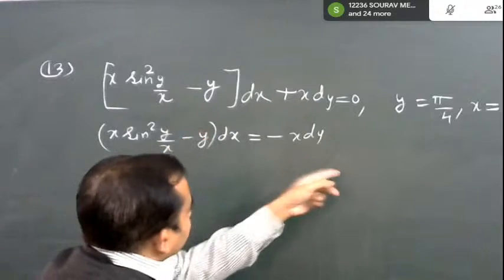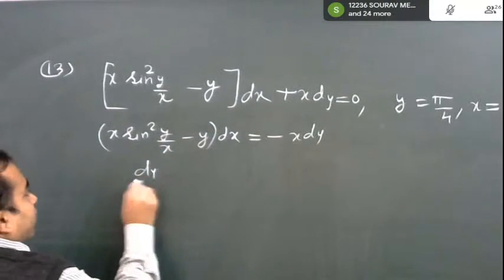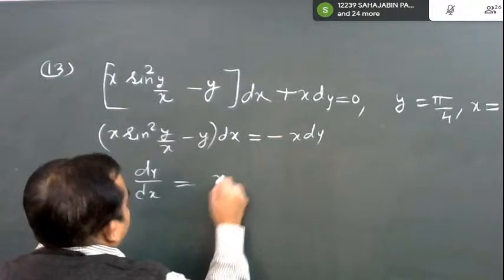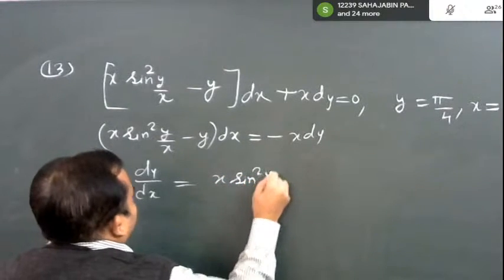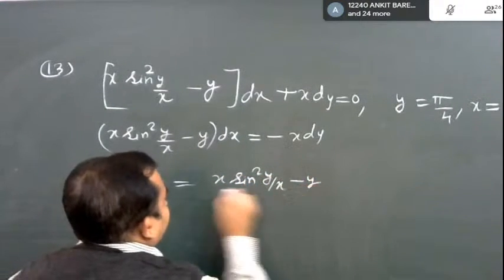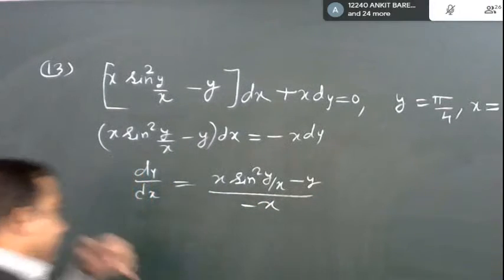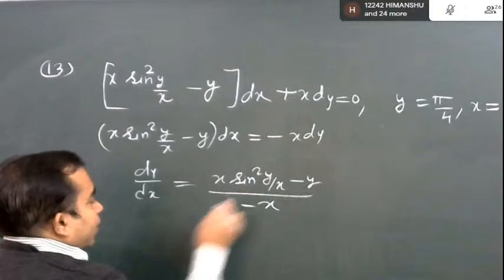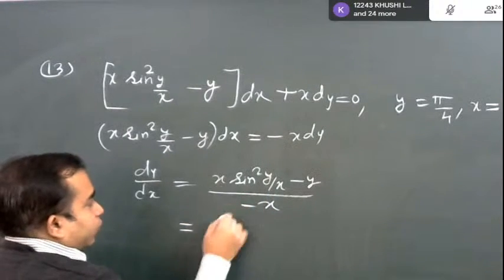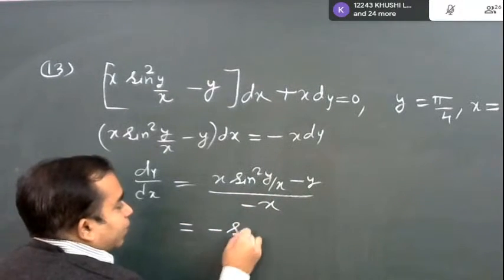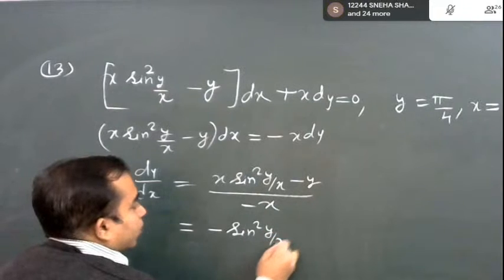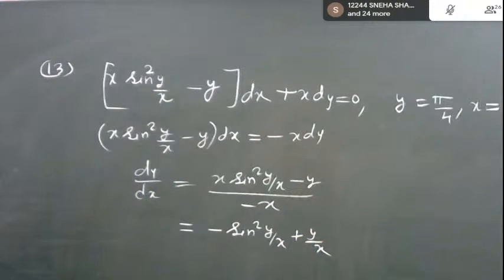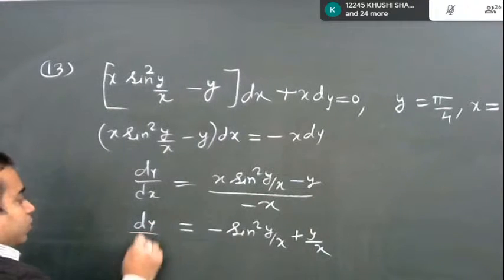Dx term you shift on the right side, dy upon dx will become an x term you shift on the other side, x sin square y upon x minus y whole upon minus x. Minus also I brought with x. Now, this is clearly a function of y upon x. If you simplify, this is minus sin square y upon x, two terms I am making, plus y upon x. It is purely a function of y upon x, hence homogeneous it is, right.